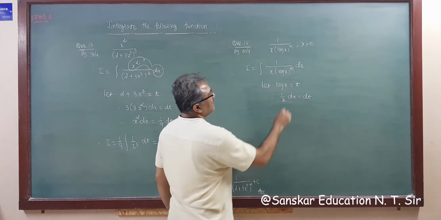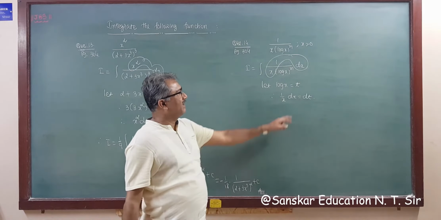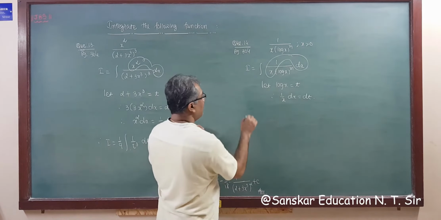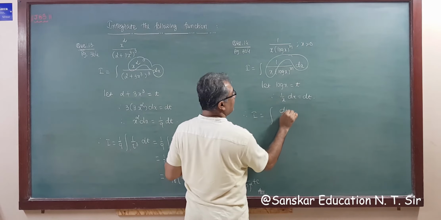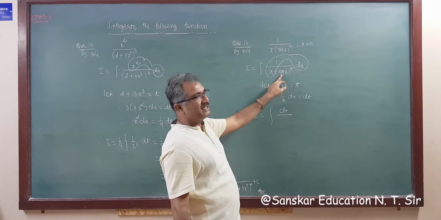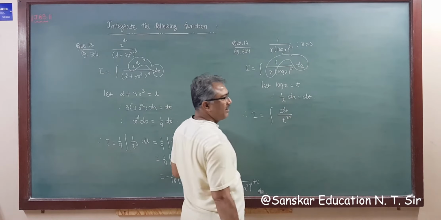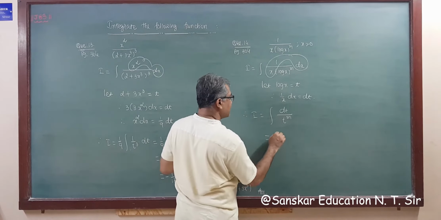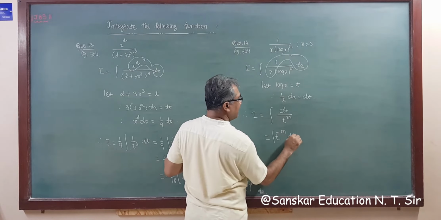So now this 1 upon x dx part will be dt, and log x is equal to t. Substituting all values, we get I is equal to integration dt upon t raised to m. Now 1 upon t raised to m means t raised to minus m, integration dt.